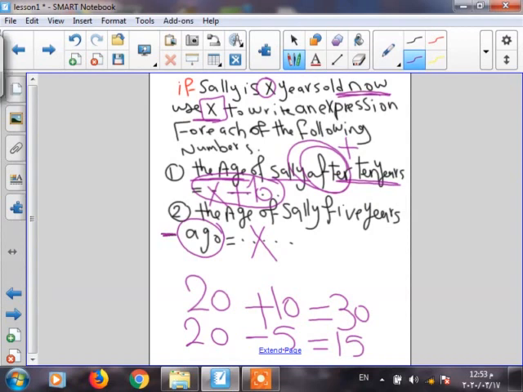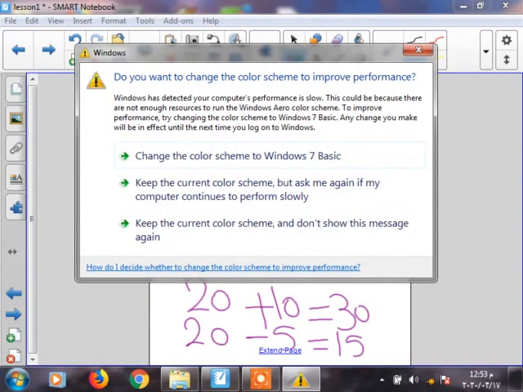What do you mean of this word ago? I will make minus 5 and I will get the simple expression. It will be X minus 5 because its age will become smaller. Okay, it will become smaller and its age will decrease by 5 years.